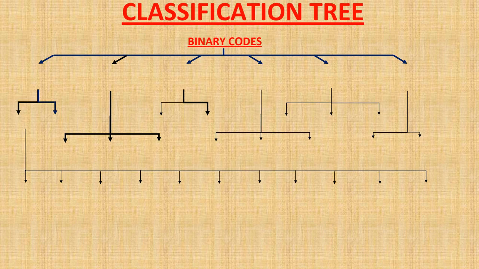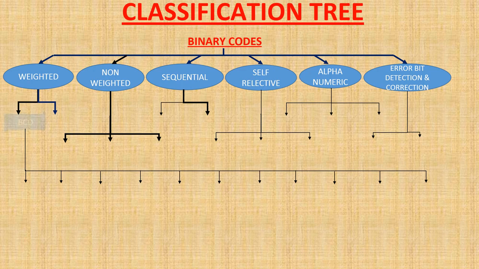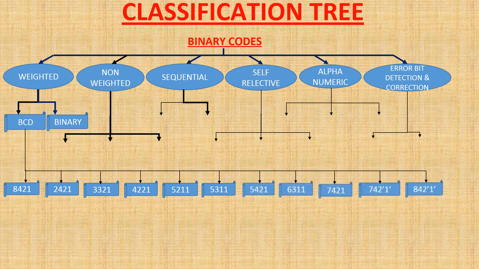Here a tree is discussed for your future reference. Also, it is to be understood that a code with more than one utility can be classified under more than one category, as in the case of XS3 codes. We leave you with a self-explanatory animated classification tree.